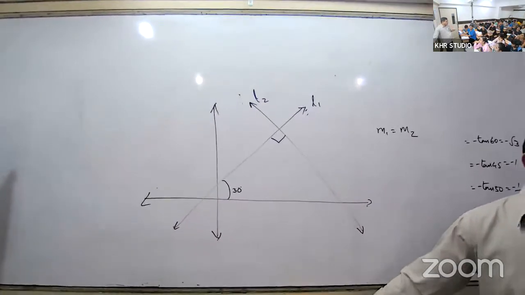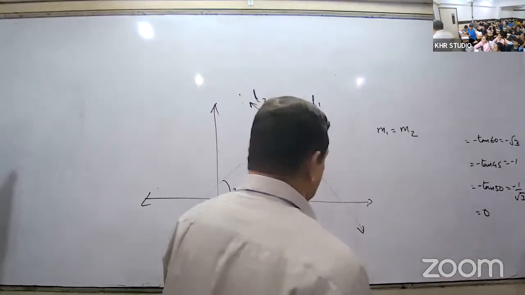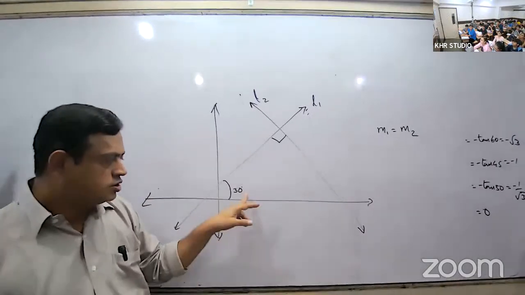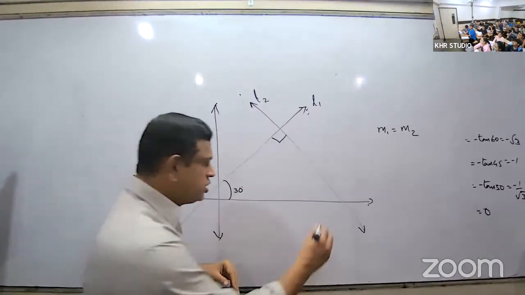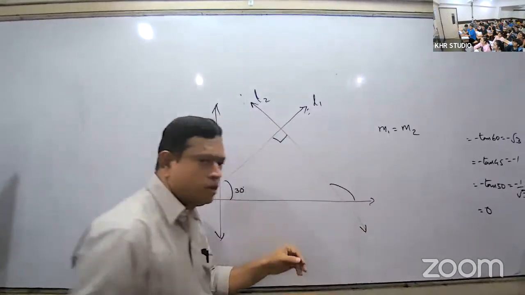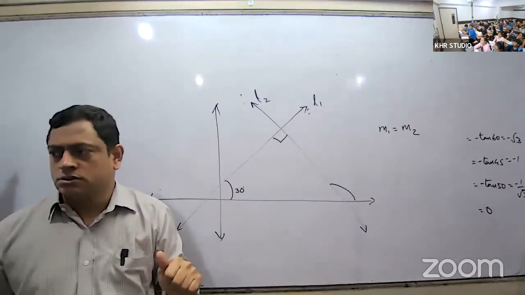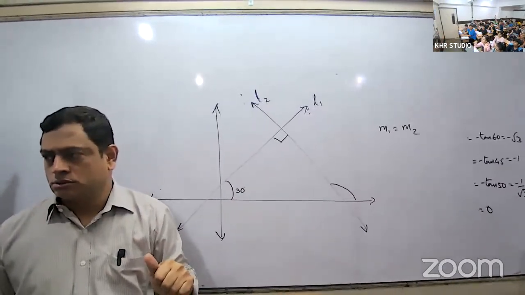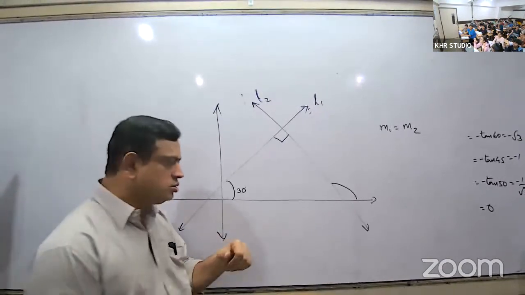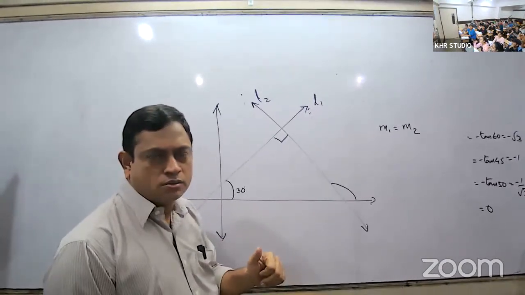Listen, all of you. Stop talking and listen now. You have to find out this angle now. Those who got this angle, raise a hand. That is equal to 150.